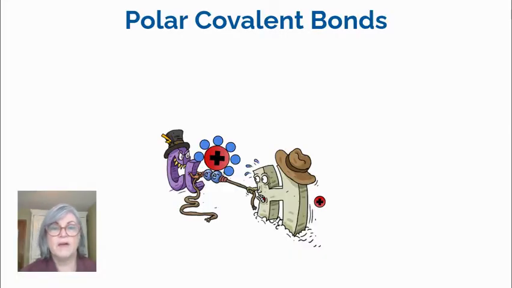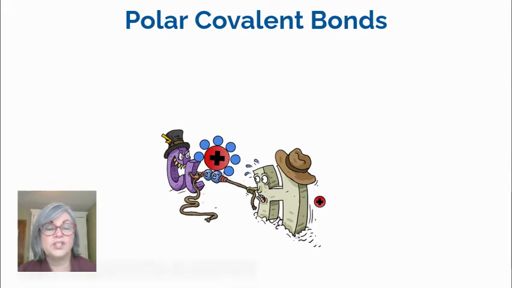Here's an example of a polar covalent bond. Here's chlorine and hydrogen sharing electrons. Remember, chlorine has 7 valence electrons. Hydrogen only has 1 valence electron. It only has 1 electron, period.